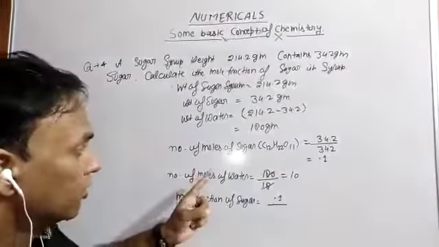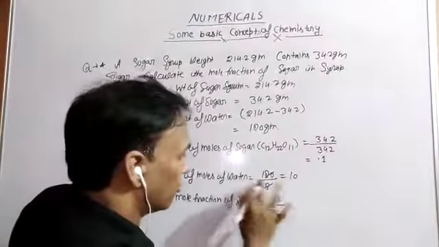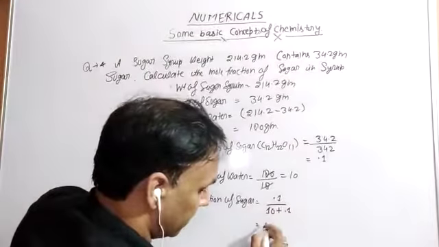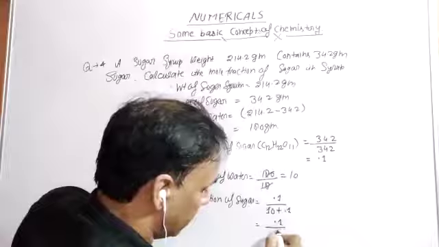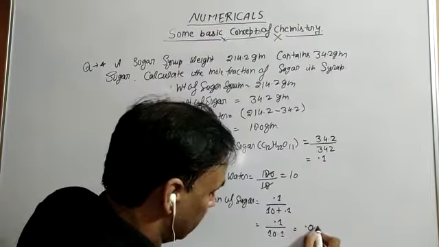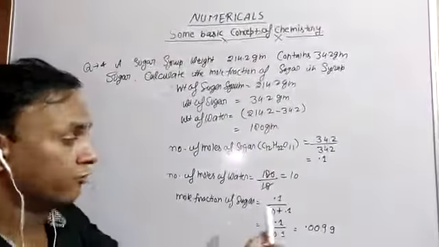Total number of moles means moles of water plus moles of sugar, that is 10 plus 0.1. That means 0.1 upon 10.1, which is 0.0099. This is the mole fraction of sugar.